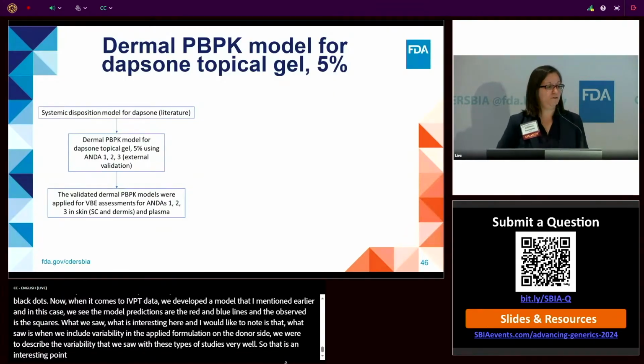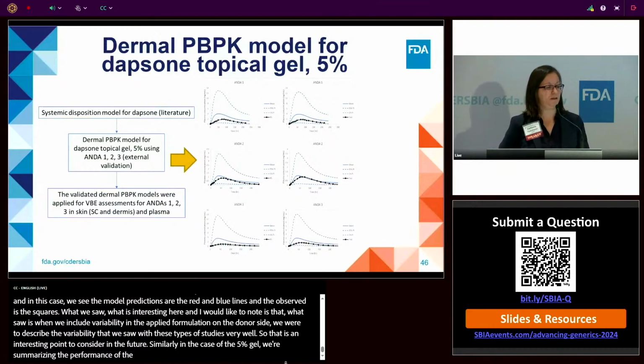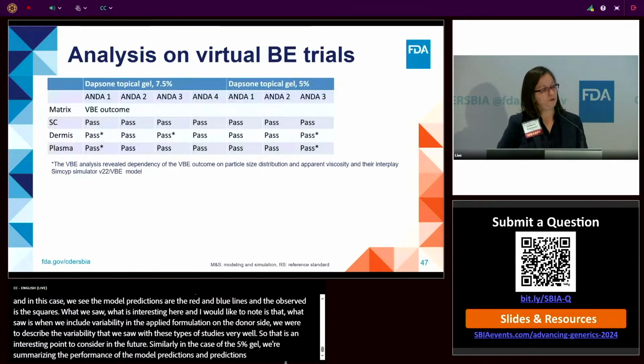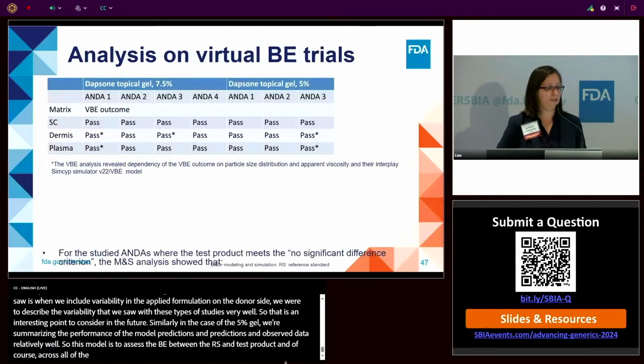Similarly, in the case of the 5% gel, we're summarizing here the performance of the model; predictions and observed data overlay relatively well. So these models were applied to assess bioequivalence between the RS and the test product in the stratum corneum, the dermis, and the plasma across all the ANDAs that we utilized for model development and validation.